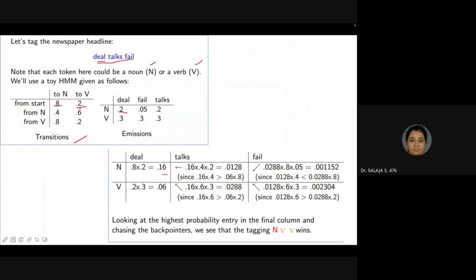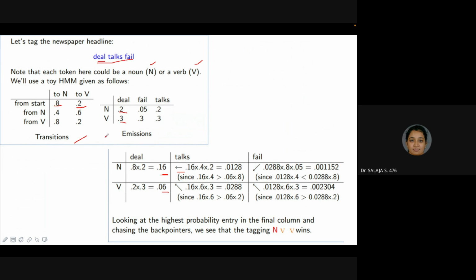If it is a verb, the transition probability is 0.2 and the emission probability is 0.3, so I get 0.06. Now the probability of deal being a noun or a verb at the start of a sentence has been estimated. Based on the highest probability, deal is likely to be a noun at the start of the sentence. So we take 0.16 for the next case.